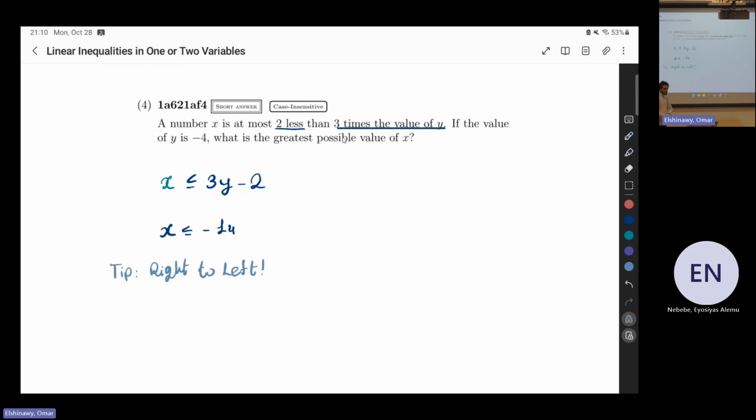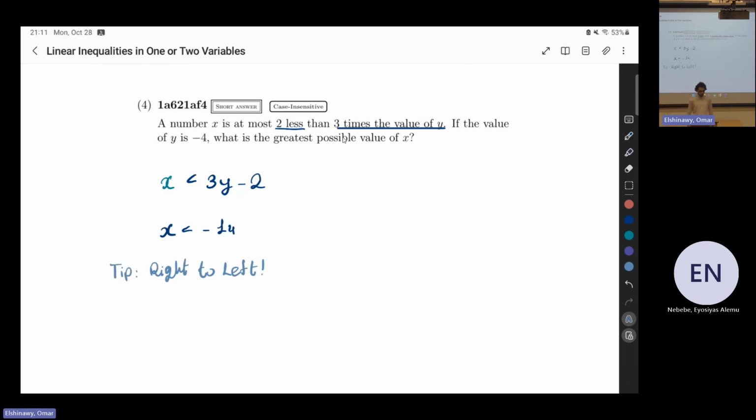So just to be clear, the greatest possible value of x then would be minus 15, correct? Because it has to be less than or equal to minus 14. Oh no, I guess because it has to be equal to, so it can be minus 14. Okay, no, it's actually less than, it's 2 less than.